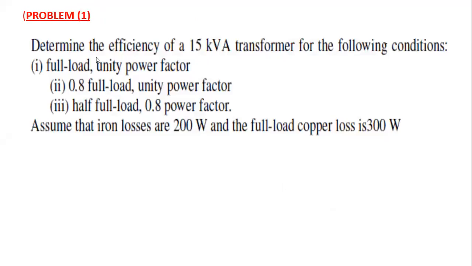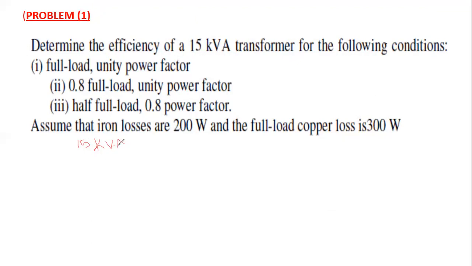First, coming to the first problem: determine the efficiency of a 15 kVA transformer. That means the rating of the transformer is 15 kVA. Why? Because the transformer is rated in kVA, not in kW.